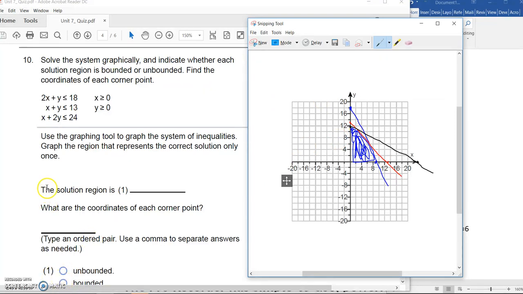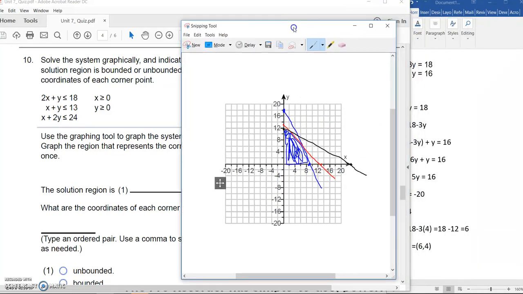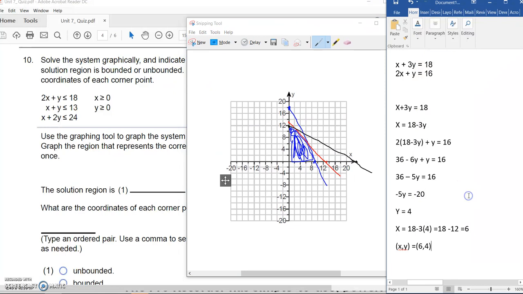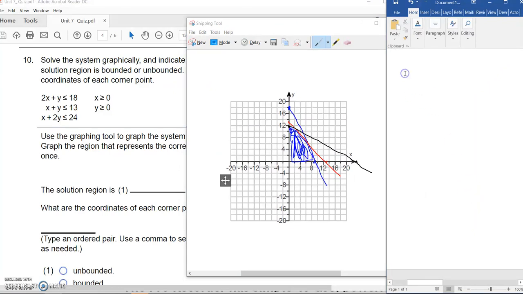And then the second one here: what are the coordinates of each corner point? So first off, 0, 0 is a coordinate, which is the coordinate of this corner.